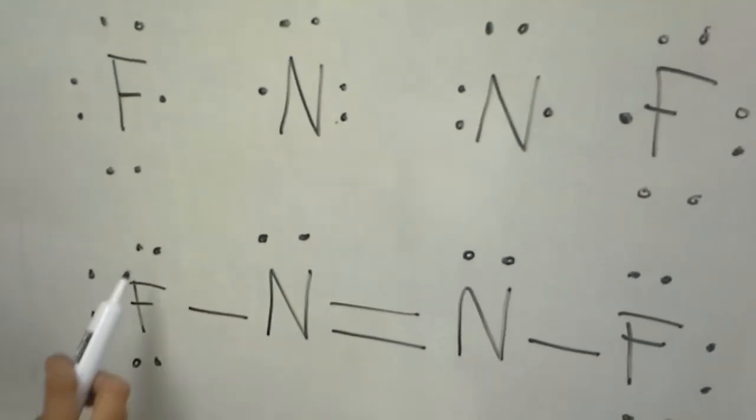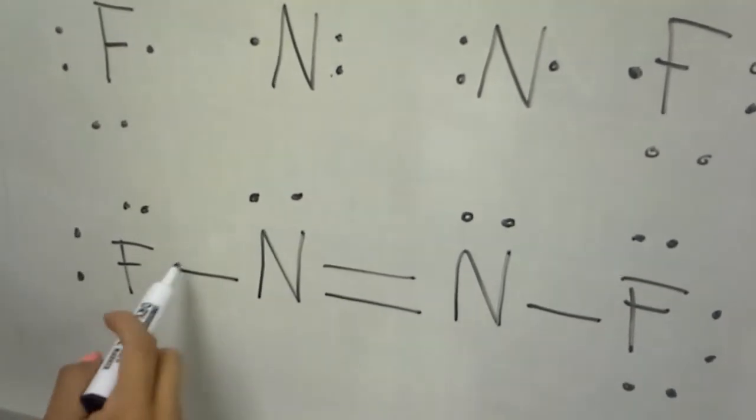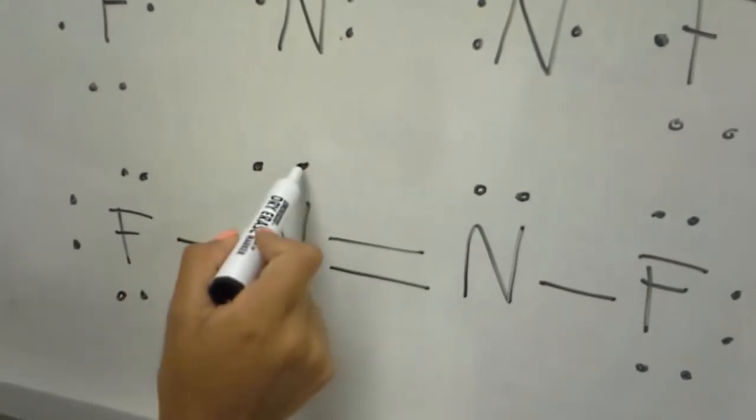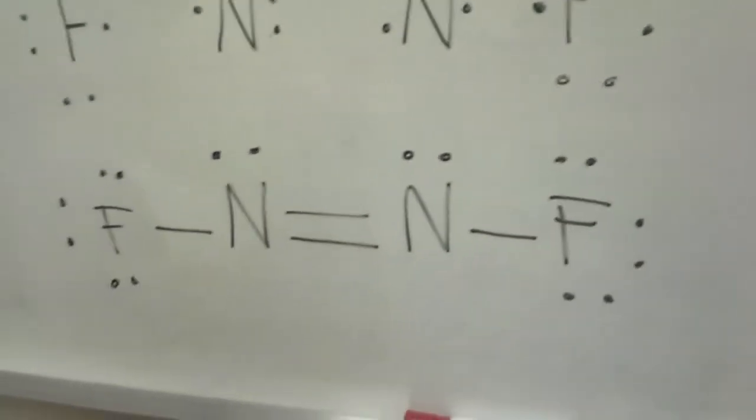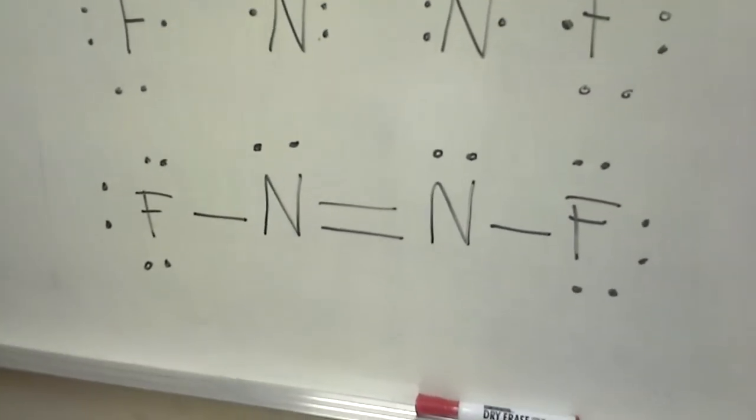So right here with your fluorine, you have your 6, 7, and then your nitrogen has 2, 4, 5. Same with these. So that's the Lewis structure for N2F2.